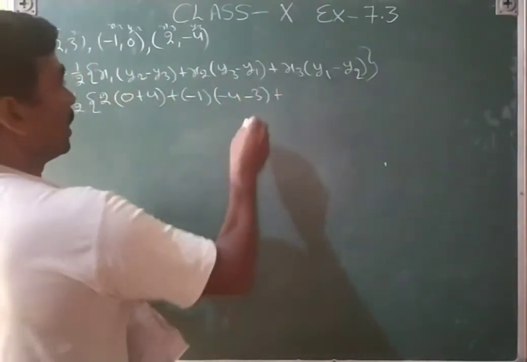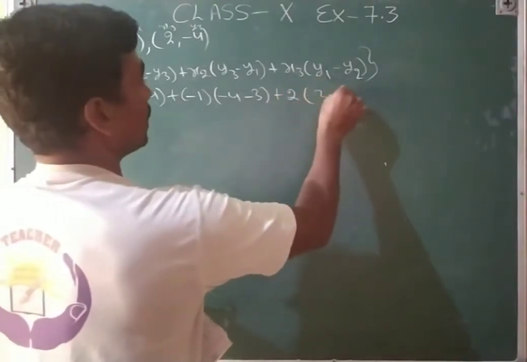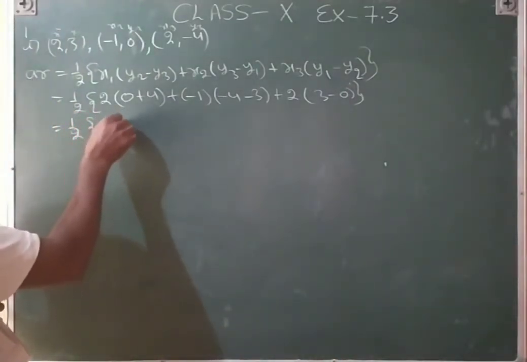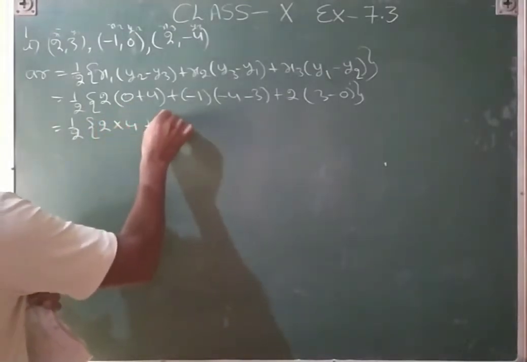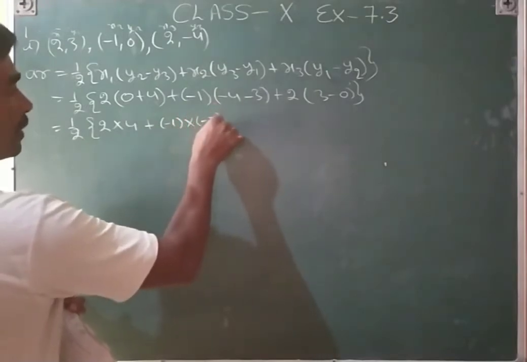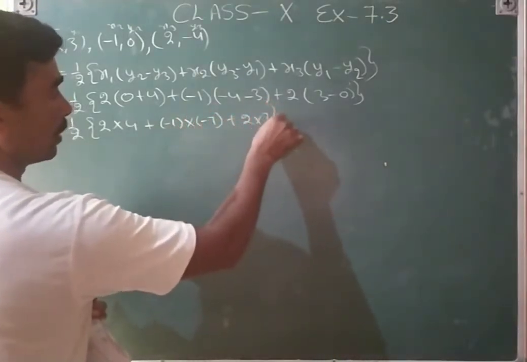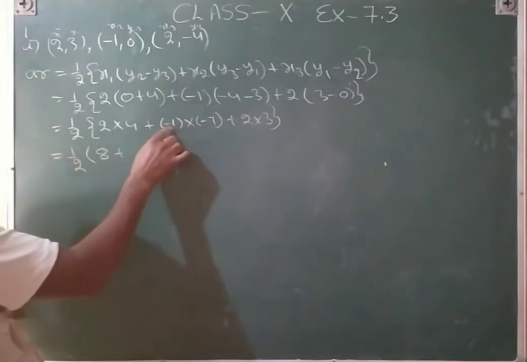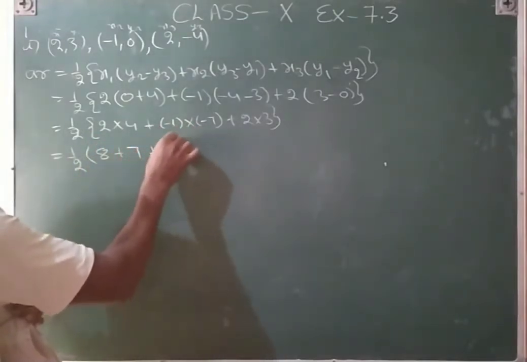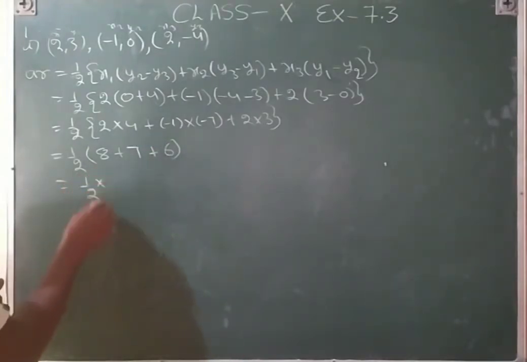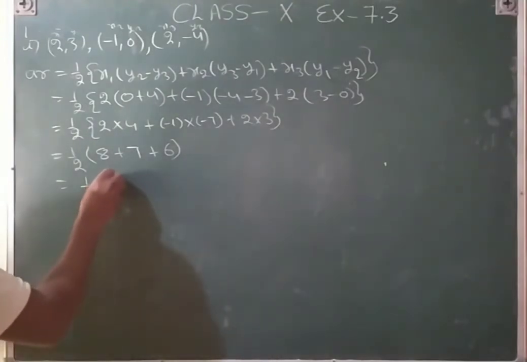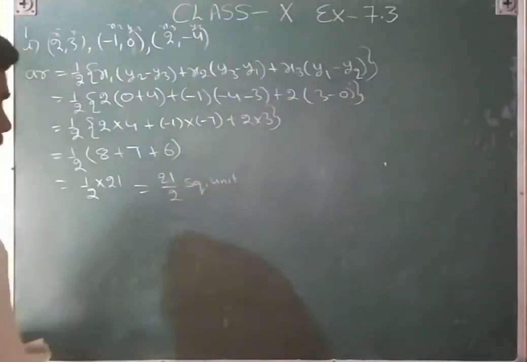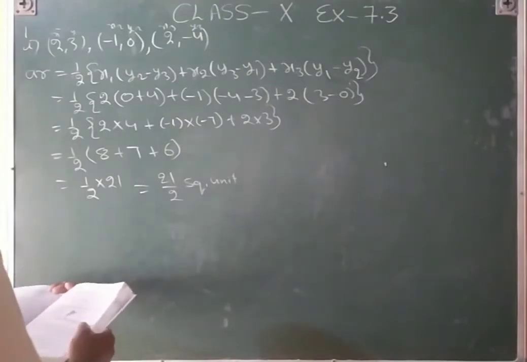Then plus x3 is 2, y1 is 3, and y2 is 0. So 1/2 of 2 into 4, that is 8, plus (-1) into (-7), that is 7, plus 2 into 3, that is 6. Adding these gives 21, so the area is 21/2 square unit.